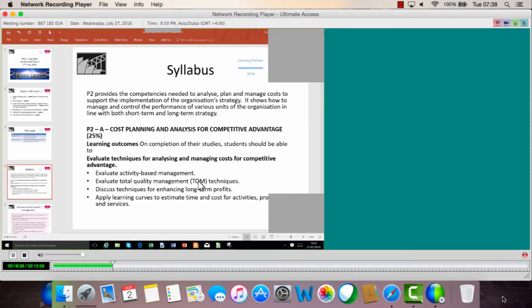Evaluate total quality management techniques. I have had a little look at that previously, so I'm not going to do very much in terms of TQM, but certainly you need to remember that TQM is about getting it right first time and continuous improvement within the organisation, and that the only way that TQM can really work is if it is adopted throughout the organisation from the very top.